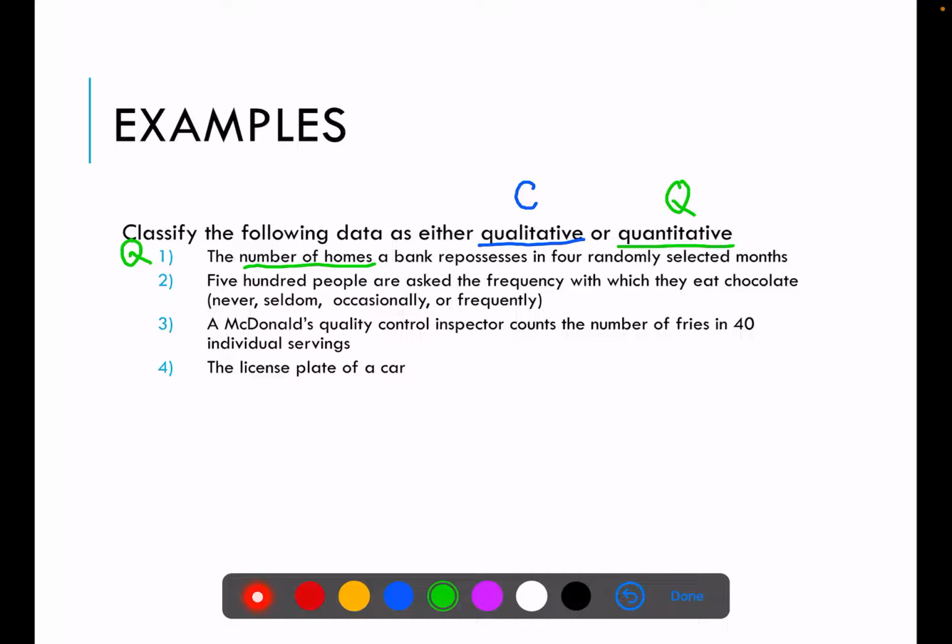Number 2, 500 people are asked the frequency with which they eat chocolate. Never, seldom, occasionally, or frequently. Now, because the answer is chosen between never, seldom, occasionally, or frequently, this data is categorical.